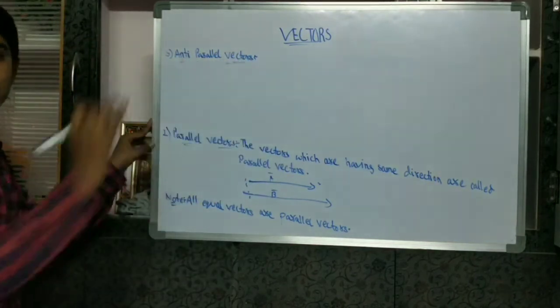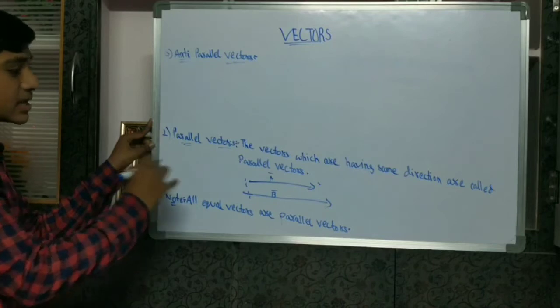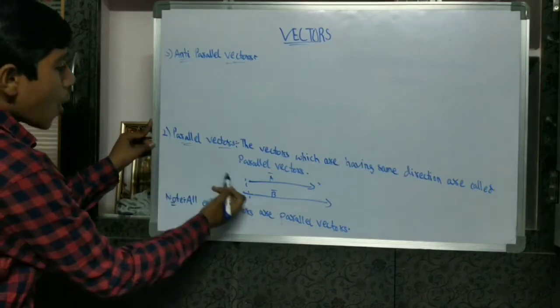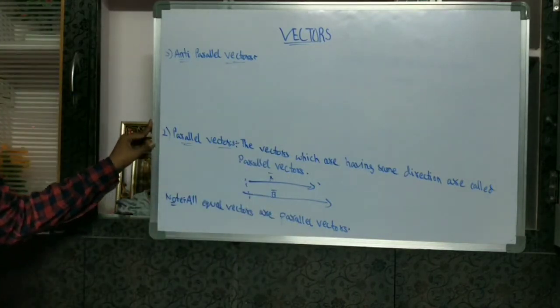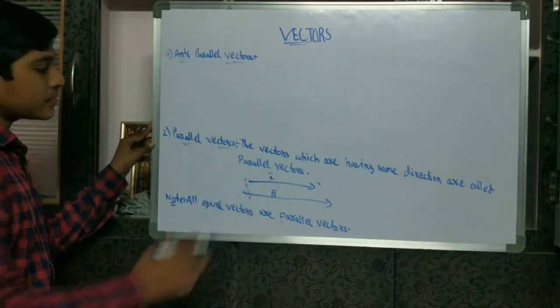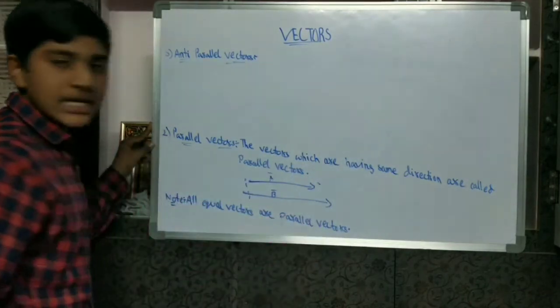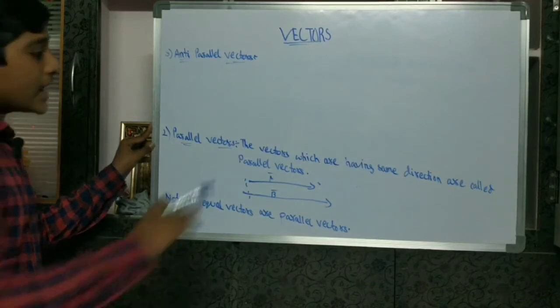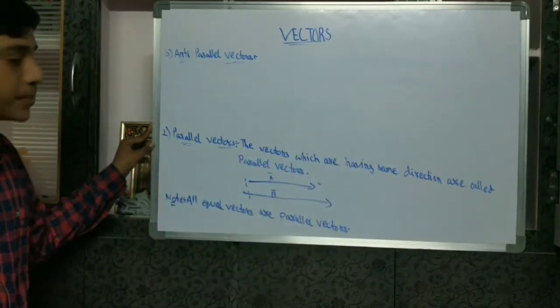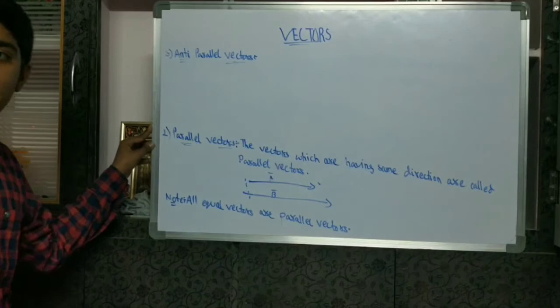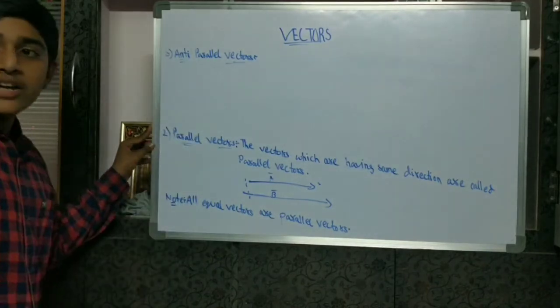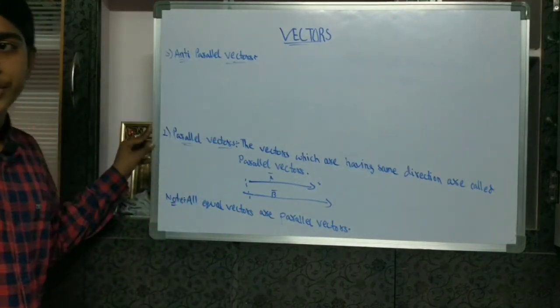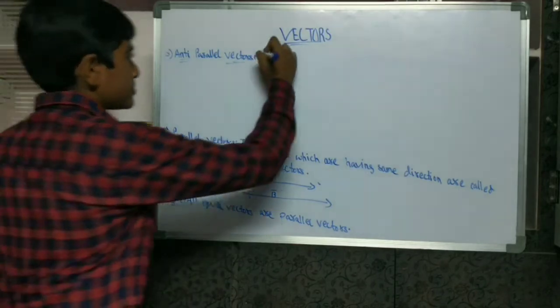In the word anti-parallel, you can understand that it means opposite to parallel. Here in parallel, they are having the same direction and different magnitude, whereas in anti-parallel, they are having different direction.